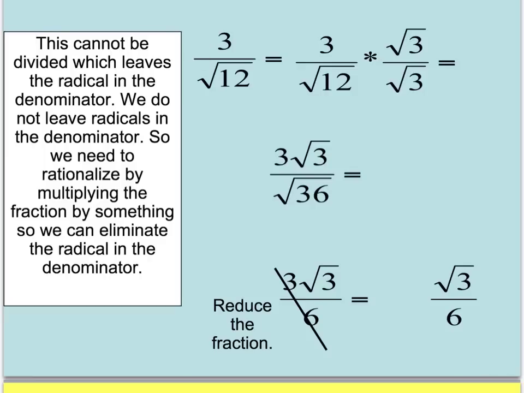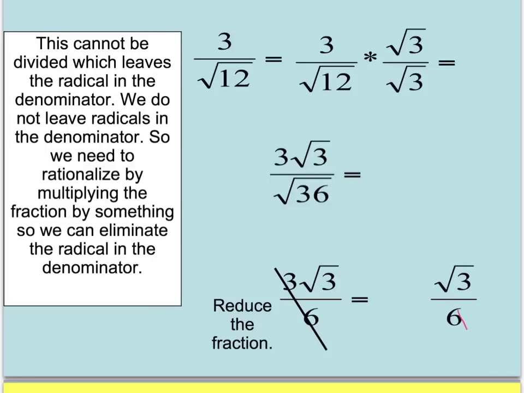So you may ask, why did you multiply by the square root of 3? Well, think about it. What do I need to multiply 12 by to make it become something that will be a perfect square? Well, look in your list of perfect squares. 36 is hanging out there, and 12 times 3 gives me 36. So you can see that's what I've done. Now, when I take the square root of 36, I just get a 6, and this has a mistake on it.